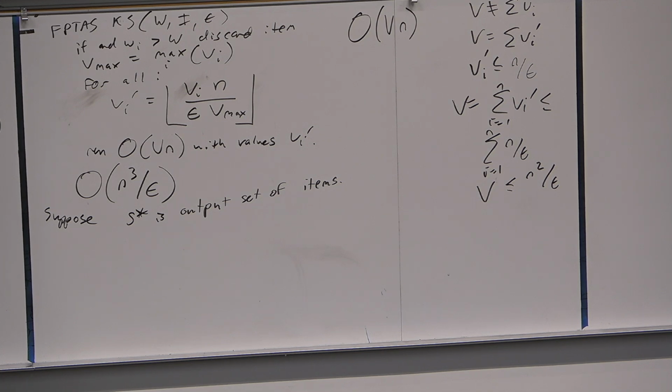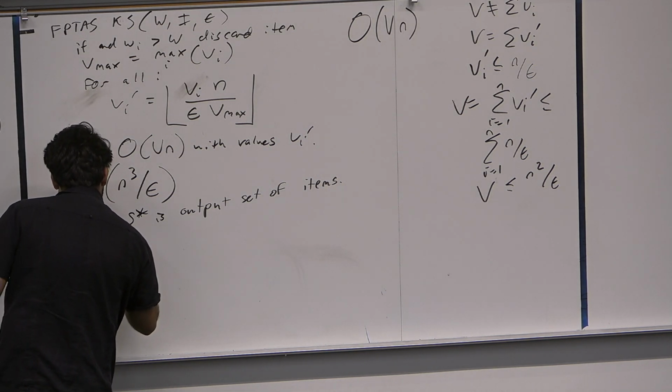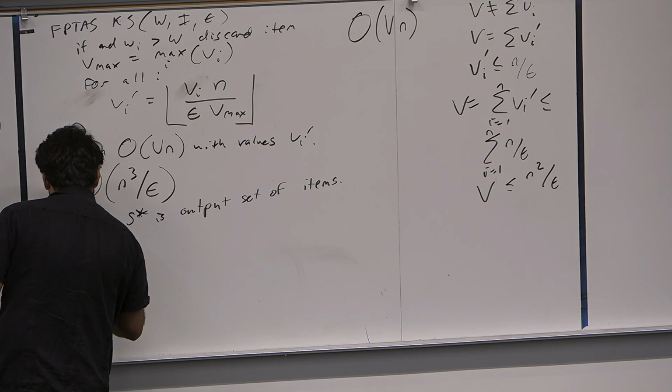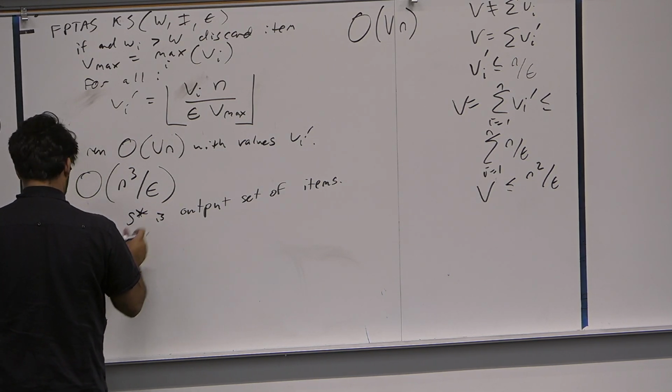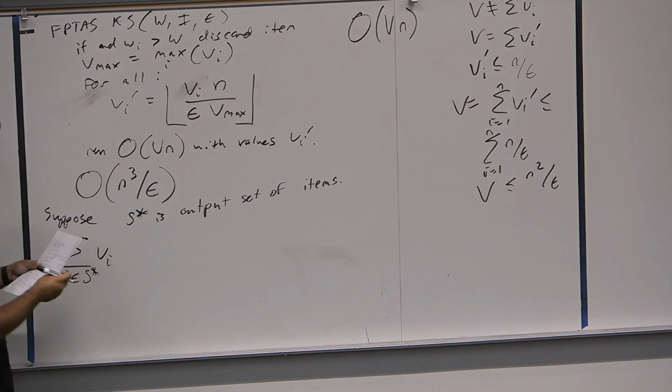But if we were to choose those items using the underestimates, the proxy items, how off would we be from the original set of items? So we are considering the sum of vi, not vi prime, but vi for i in S star.